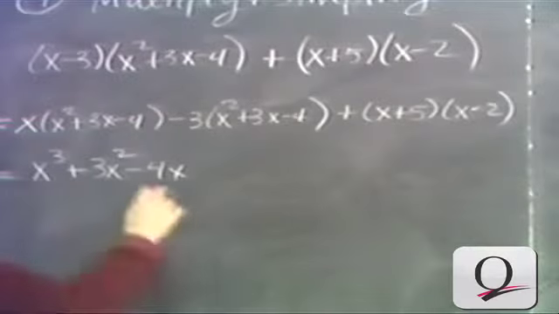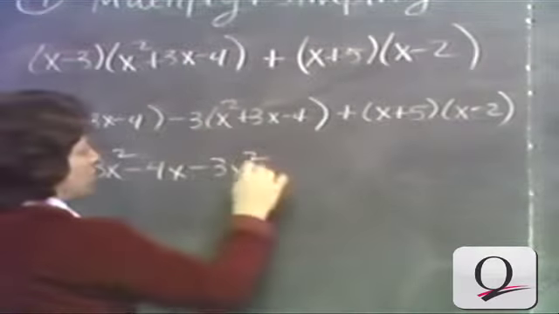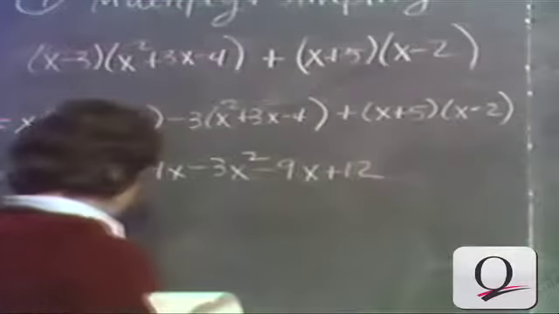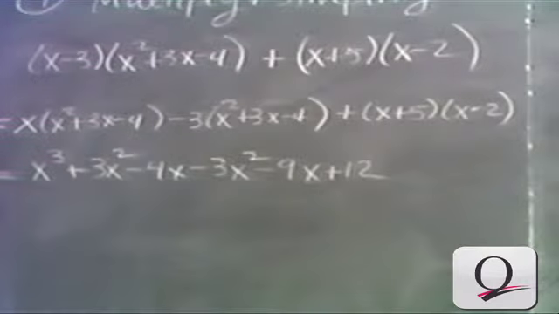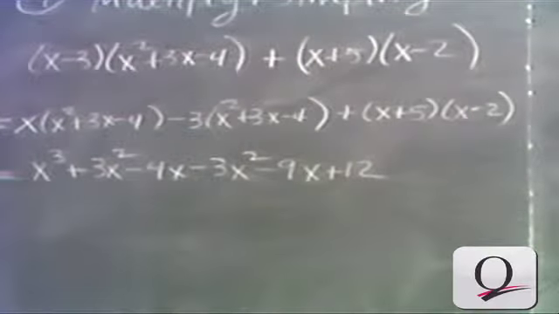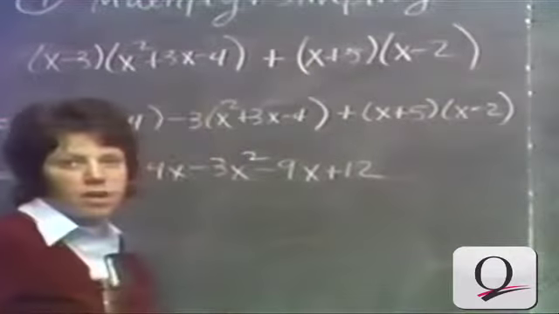And now we will distribute the minus 3 through the second parentheses. Minus 3x squared, minus 3 times 3x is minus 9x, minus 3 times minus 4 for plus 12. Now we could have done the same thing on the second product over here. We could have said it's x times the x minus 2 and then the 5 times the x minus 2.